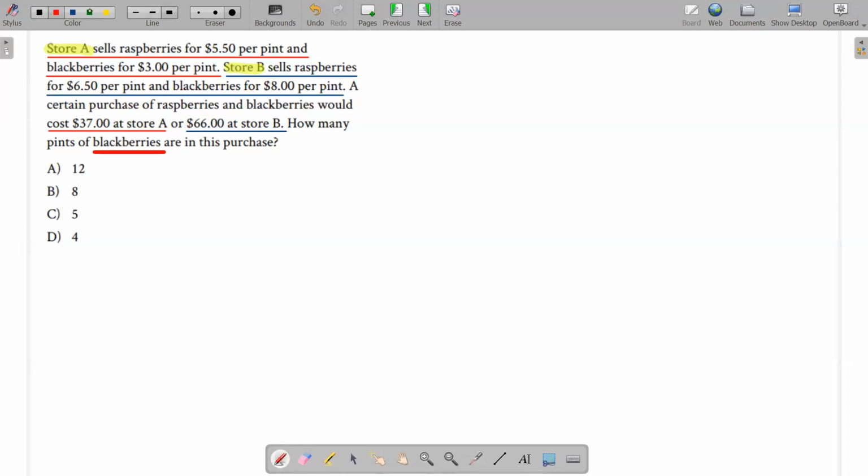For example, if we say that raspberries are the letter R, those are raspberry, and the blackberry are going to be the letter B, B for blackberry.